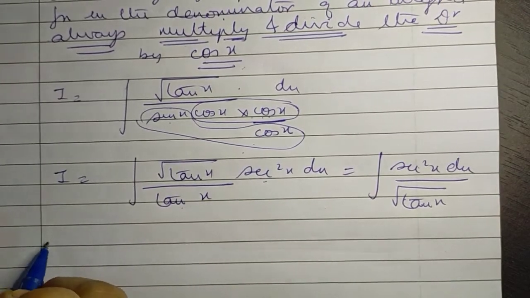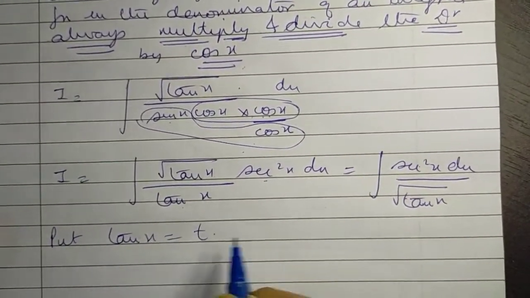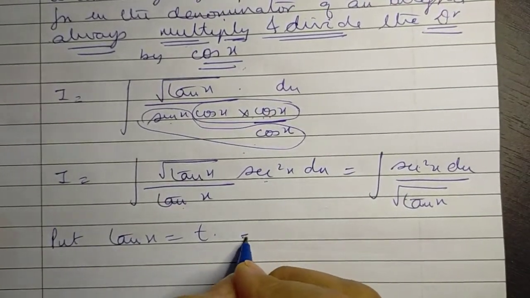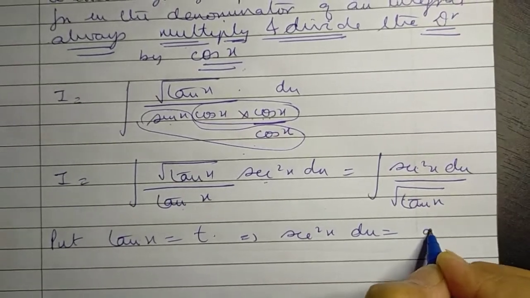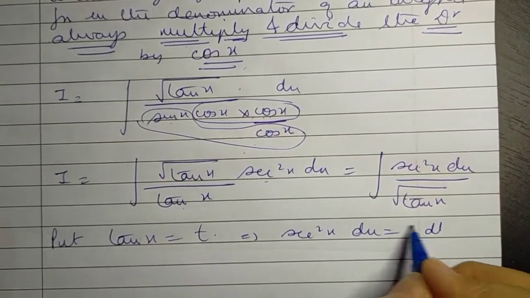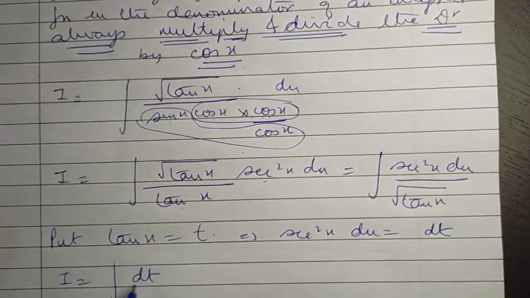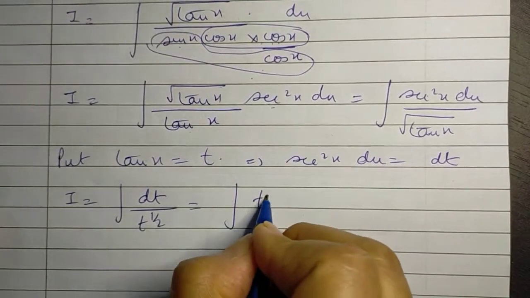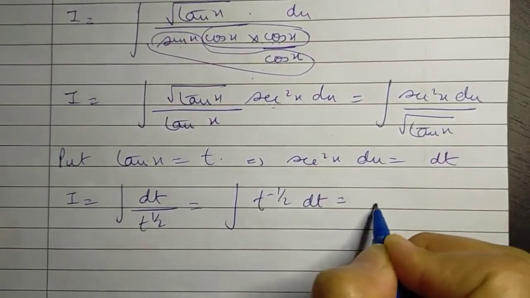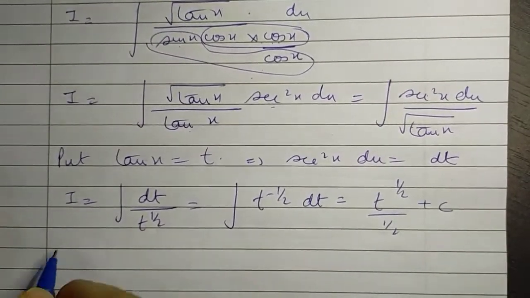So now make the substitution. Put tan x as t. We get sec squared x dx as dt, and so I becomes equal to dt upon t raised to the power half, which can be written as t raised to the power minus half dt, which gives t raised to the power half over half plus c.